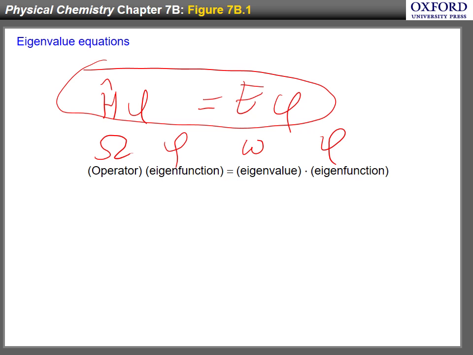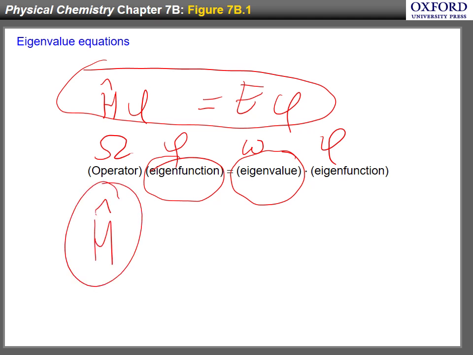Think about it. Solving the Schrodinger equation is finding the eigenvalue and eigenfunction of the Hamiltonian operator, right?